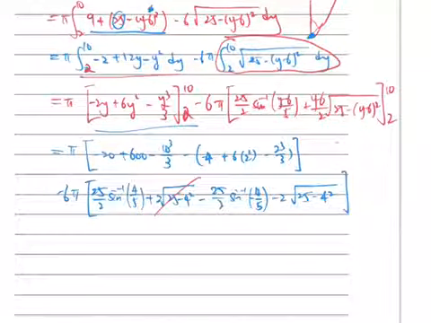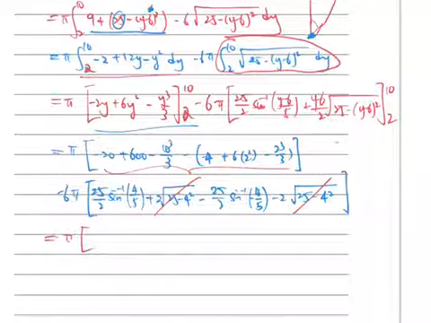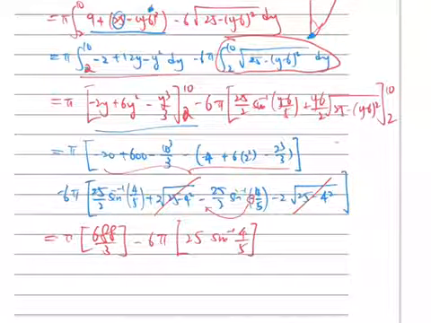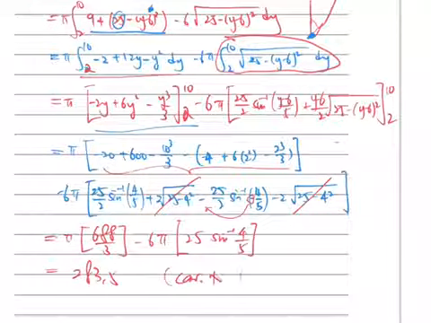And you will see that these two terms will cancel. So eventually you get pi. For the first part, after simplifying, it should be 688 over 3. And then for the second part, the minus can be taken out from this sine inverse, so it will become 25 sine inverse of 4 over 5. Okay, so then you use your calculator, you will get 283.5 if you correct to 1 decimal place.